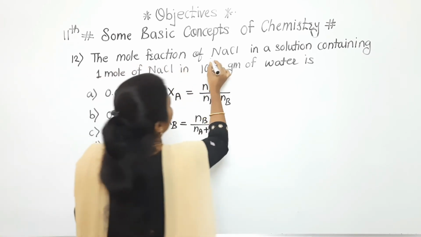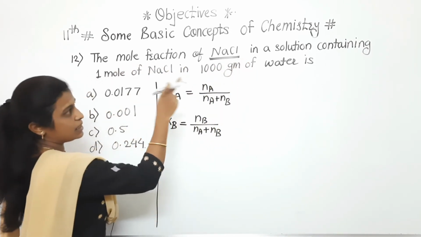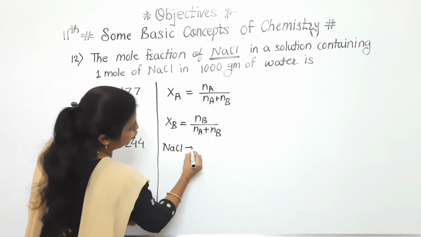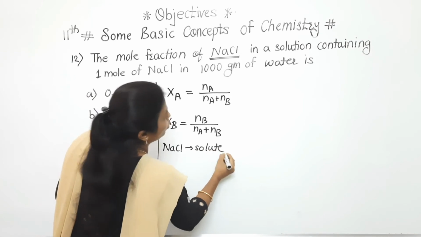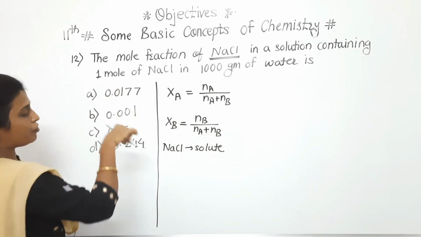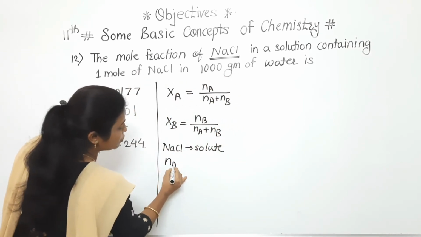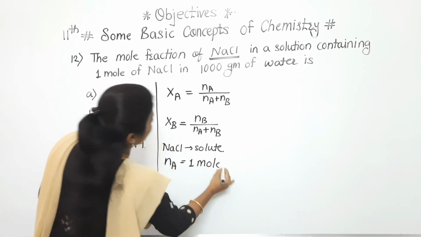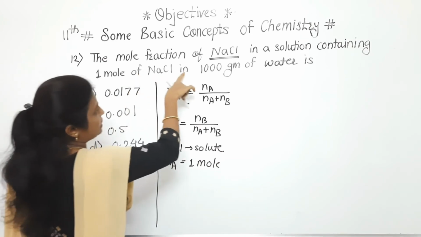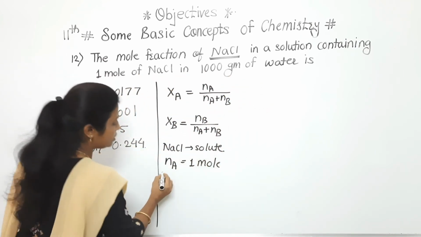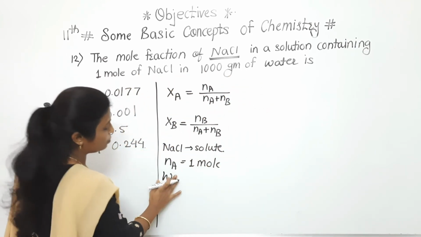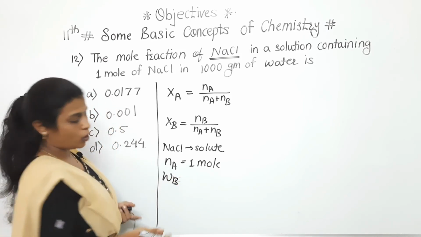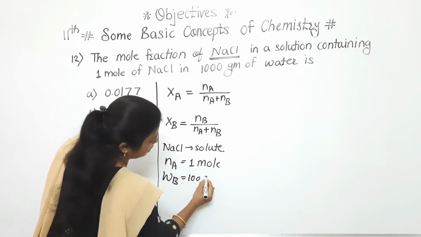Mole fraction of NaCl in a solution, where NaCl is the solute. Clear to everyone? It contains 1 mole of NaCl, so the number of moles of solute is given, that is 1 mole. Next, NaCl in 1000 gram of water, so Wb is given. Wb means the mass of solvent, which is 1000 gram.